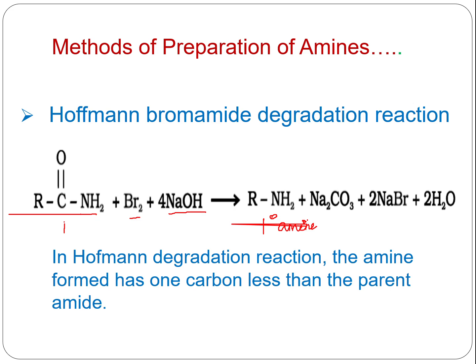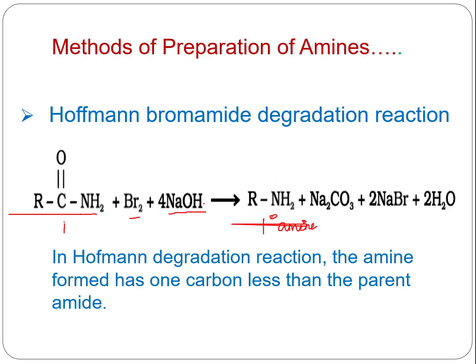This reaction is called the Hofmann bromamide degradation reaction. Since here CO is removed from the amide, that is why it is called degradation, because there is a decrease in the number of carbon atoms from the reactants to the product.